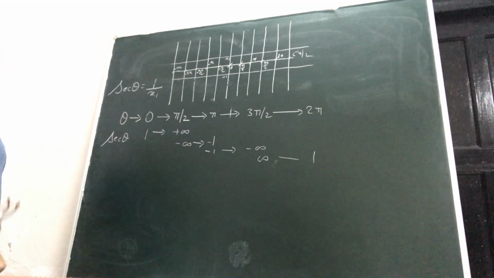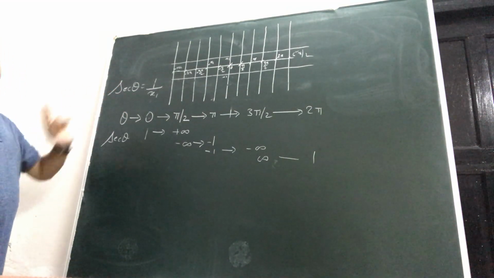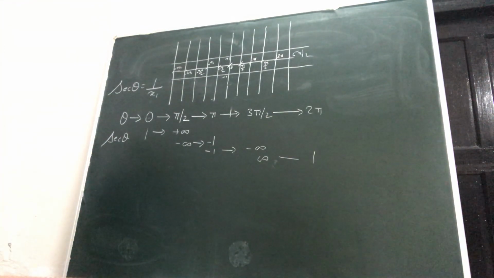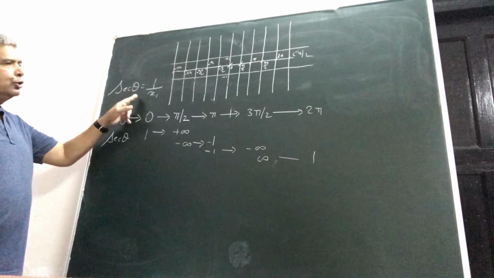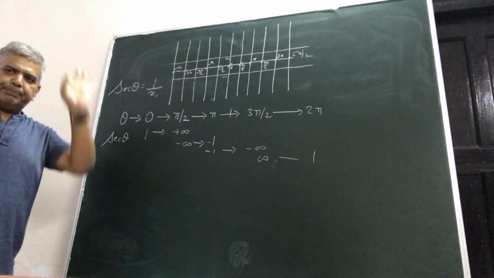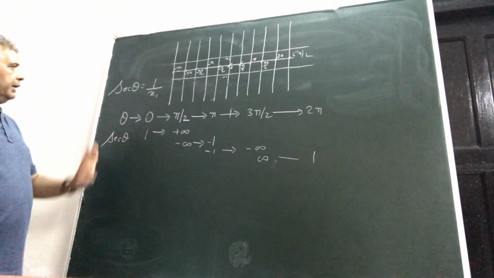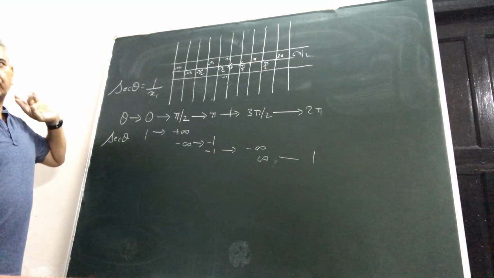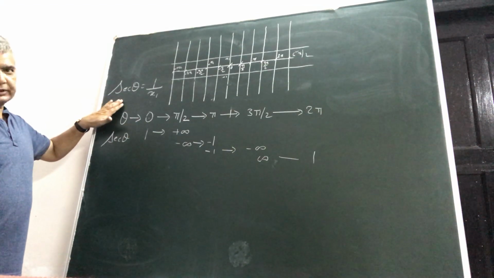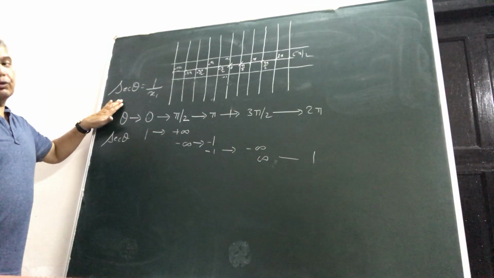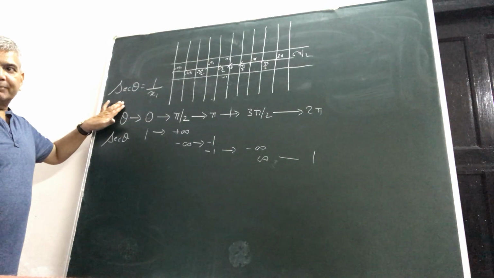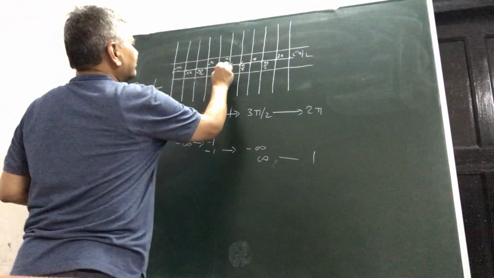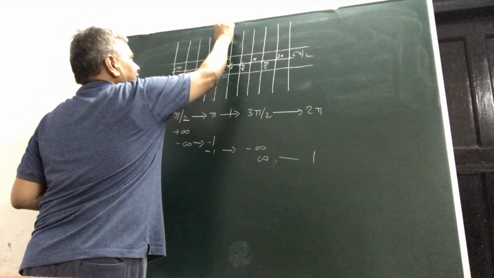Now, what you need to do in the case of sec theta and cosec theta, just for the sake of remembrance, is that you draw an upward parabola in the principal branch other than what has been specified for this one. Sec theta's branch is 0 to pi. So you draw an upward vertical parabola in the other branch, that is minus pi by 2 to plus pi by 2. And the parabola will be like this.